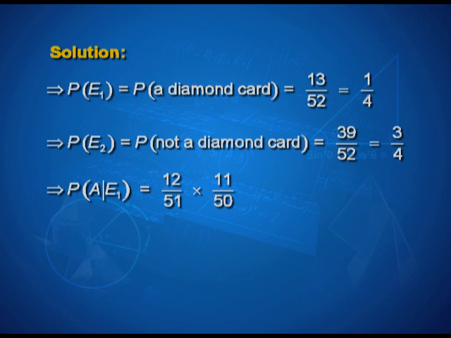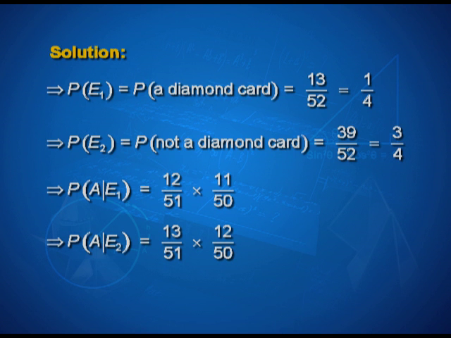So, 11 over 50, whereas probability of A given that E2 will become 13 by 51, because the favorable have remained 13, diamond is not lost, but 1 card is lost. So, total number reduces to 51. Second card, because 1 diamond is now taken out, will reduce to 12, total 50.